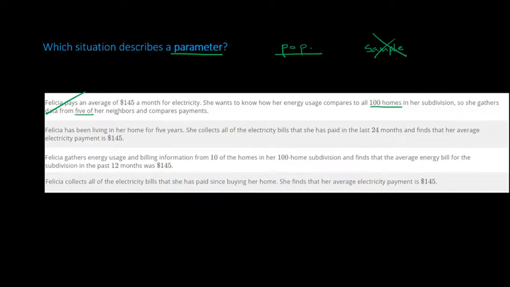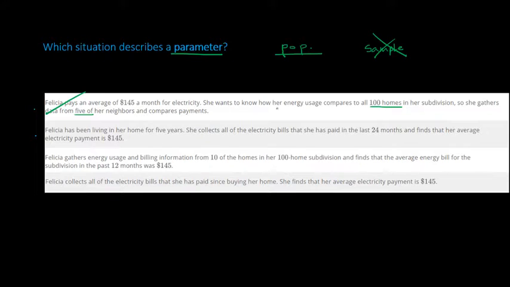Next, Felicia has been living in her home for 5 years. She collects all of the electricity bills that she paid in the last 24 months and finds her average electricity payment is $145. So notice that this is a different scenario. Don't always expect it to be like 4 scenarios with one little thing tweaked. She's doing something completely different here.